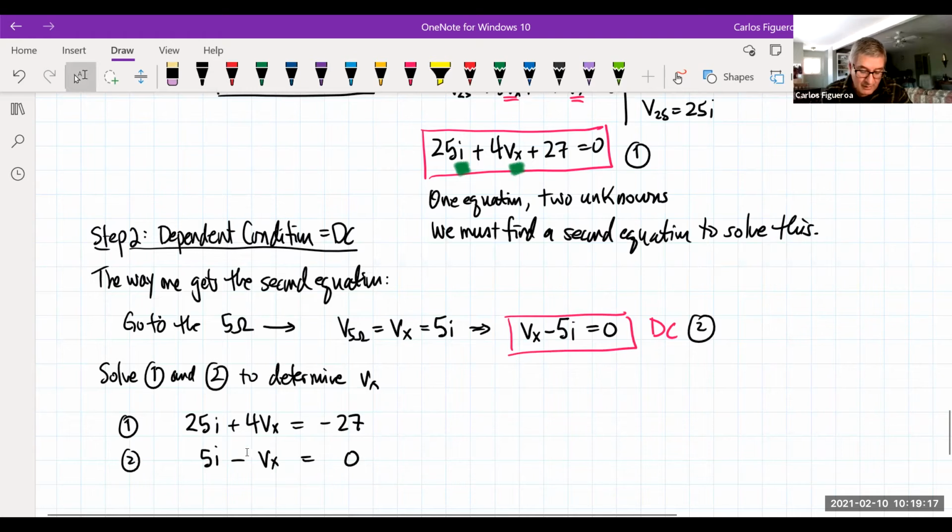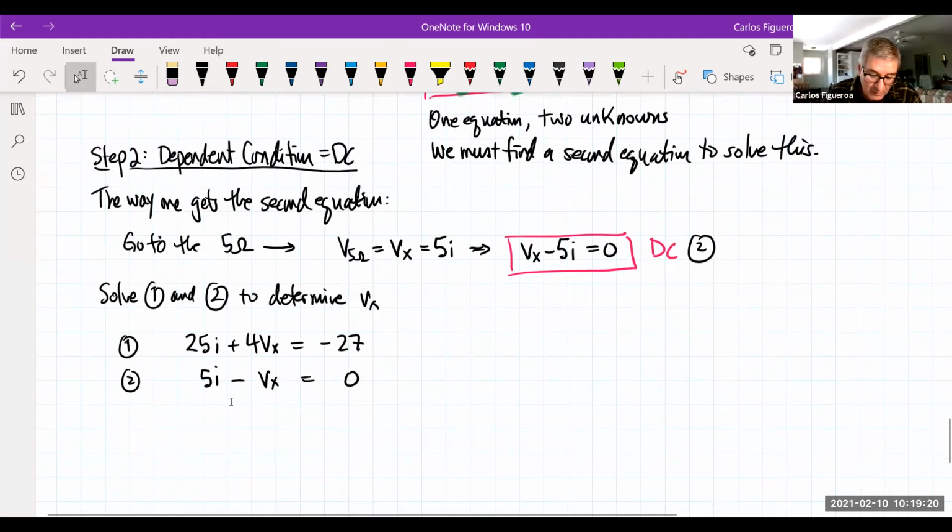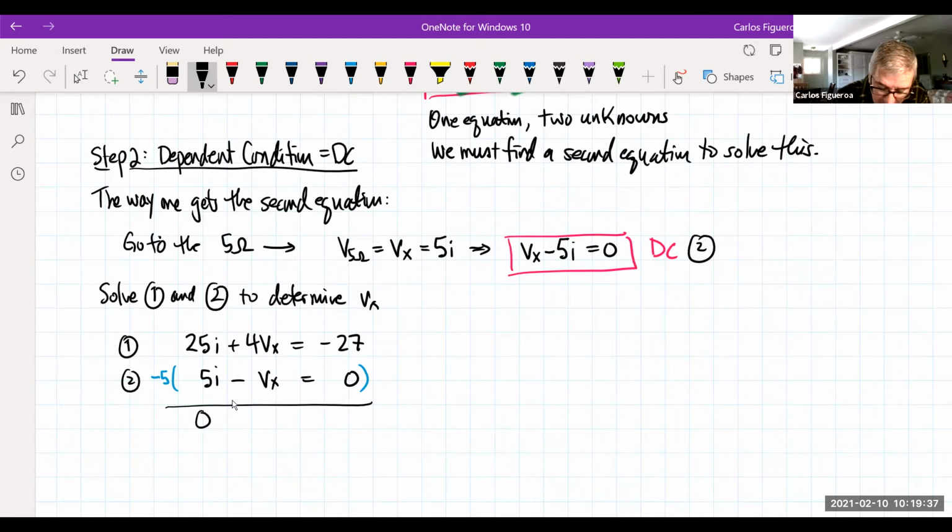So what I want to get rid of is the current. The way I'm going to get rid of the current is I'm going to multiply this by minus 5, and then add the equations. When I sum these, I'm going to get 0 here, and plus 5Vx.